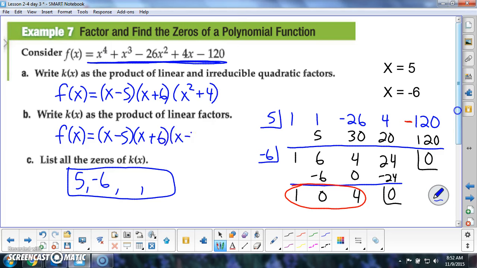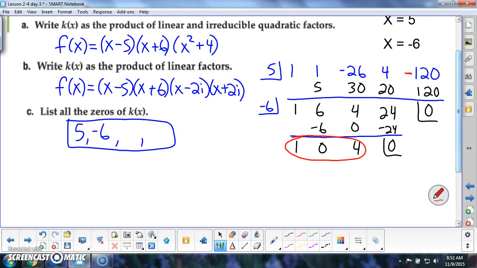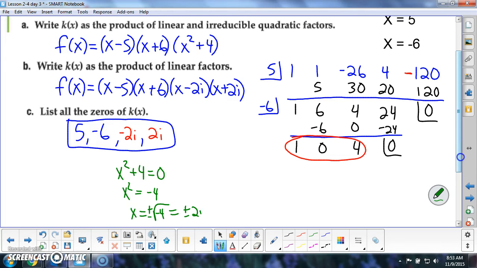This is going to give us x minus 2i and x plus 2i. If you're wondering how I got that plus or minus 2i, which are the remaining two zeros, what I did is I just took x squared plus 4, set it equal to 0, and solve from there. And that's how I got the square root, plus or minus the square root of negative 4, which is equal to plus or minus 2i.